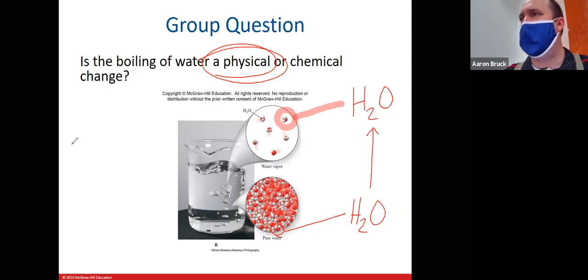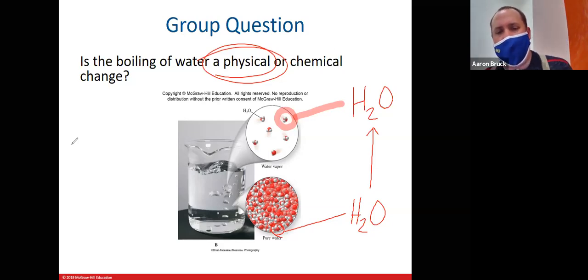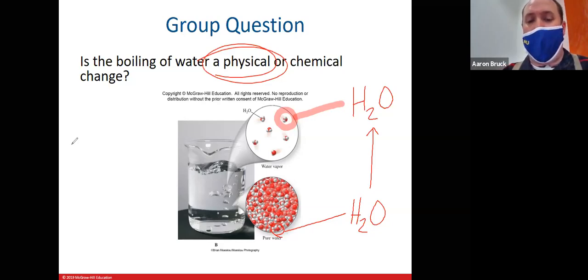Adria? What about the bubbling? Okay. Bubbling is one of the things that we look for. However, what we also have to keep in mind is that there are certain phase changes that will produce bubbles as well.